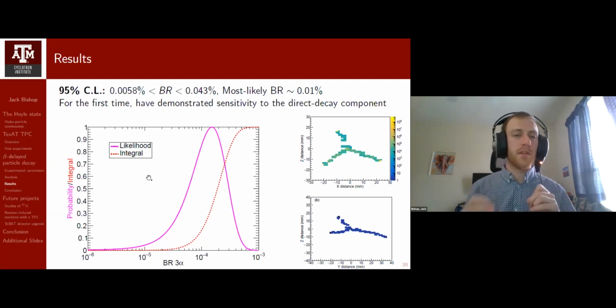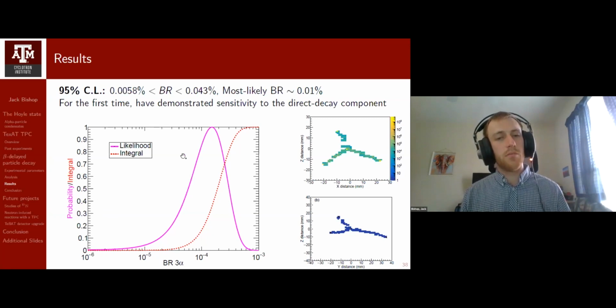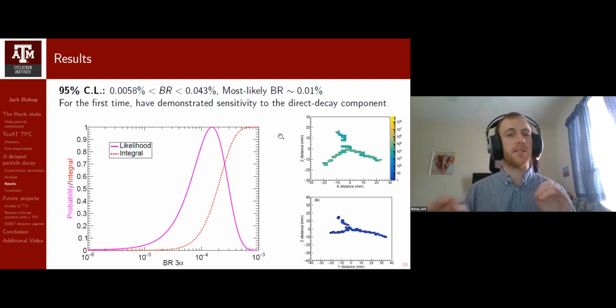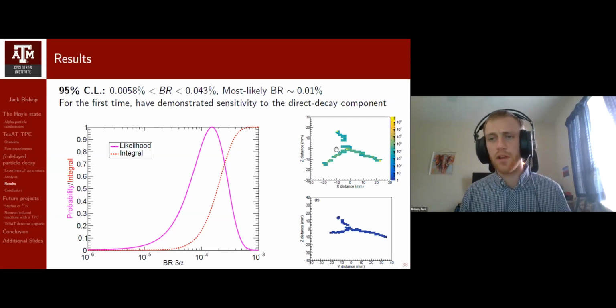What's really nice about this approach versus previous efforts where they see a similar feature is that we can pinpoint exactly which of these events are the ones which are essentially direct looking. We can look at that event on an event-by-event basis and really say, okay, this is something that looks beautifully direct. It's not a result of pileup. One of these events is shown here.